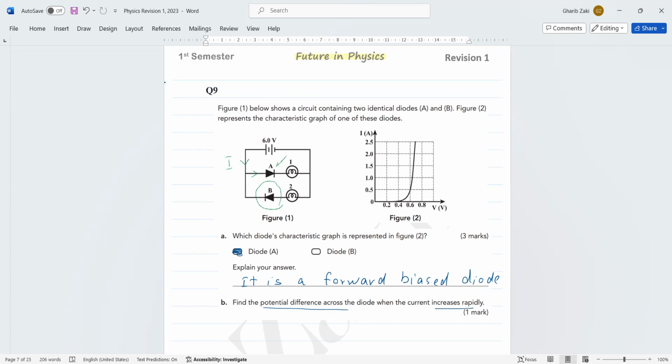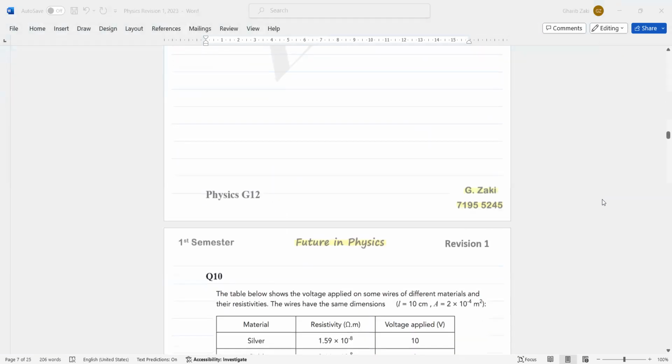Oh, it increases rapidly here. At what? At 0.6. So the voltage is 0.6 volt. After this, the resistance will be very low. Okay. Next question.